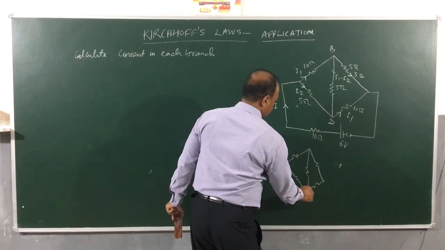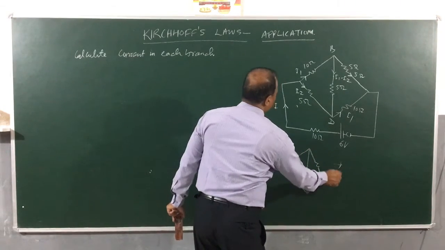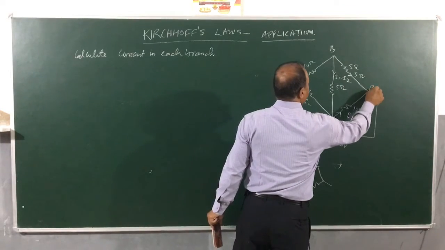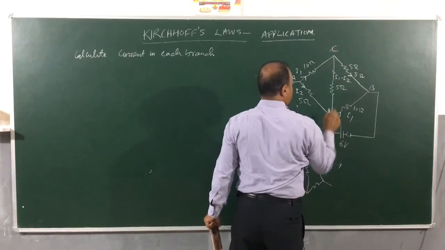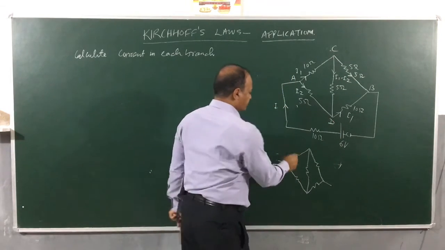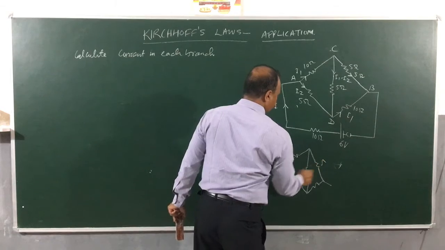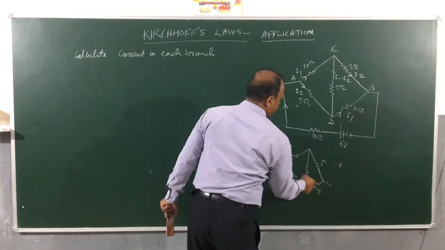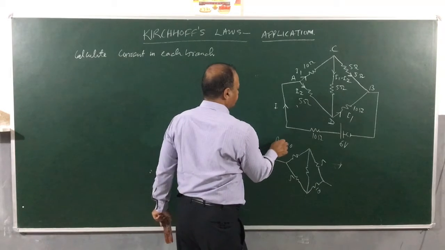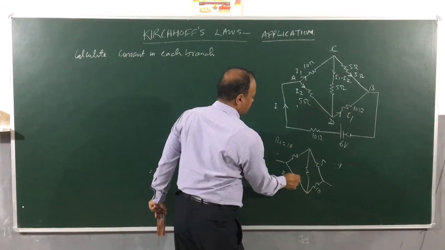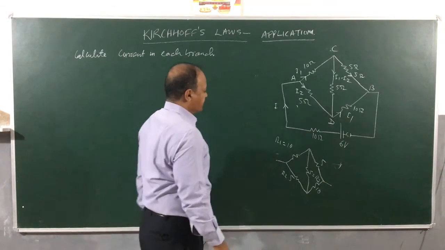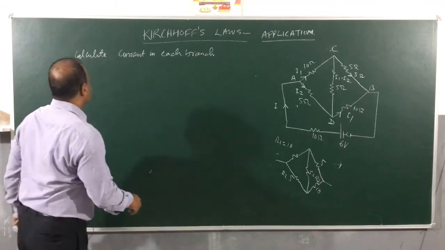This is A, this is B, take this as C and take this as D, right? And for this problem, this is 10, this is 5, this is 5 and this is 10. For this we have a direct formula that I can use. See, this is R1, this is R2 and this is R3. Clear? So first I will calculate equivalent resistance.